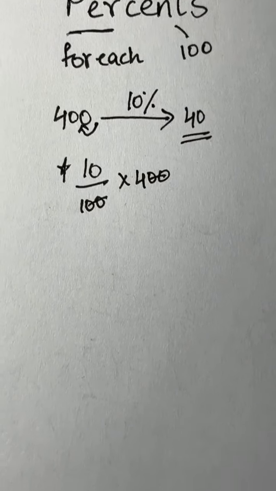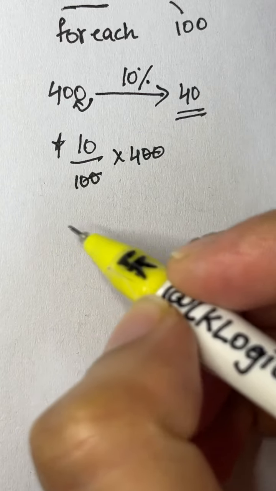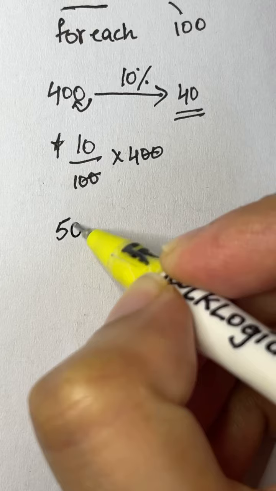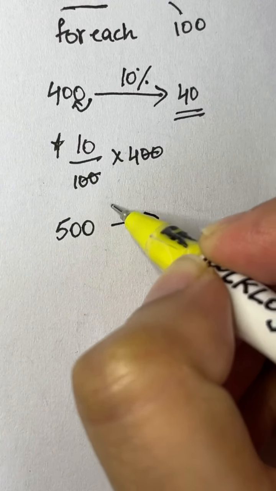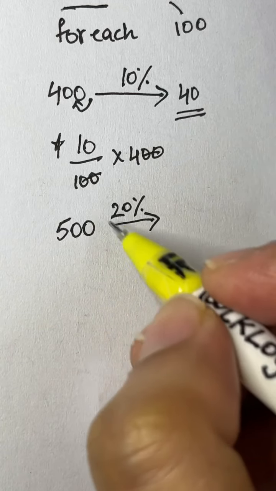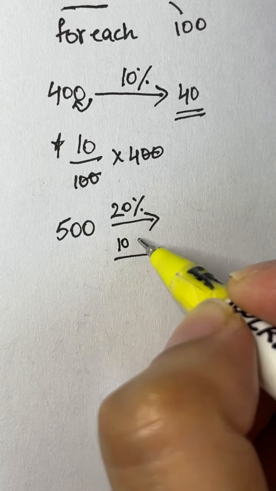Okay, let's see another example. For example, if you have to find 20% of 500, let's write it down. First you're going to find out 10%, because directly 20% will not be that easy.